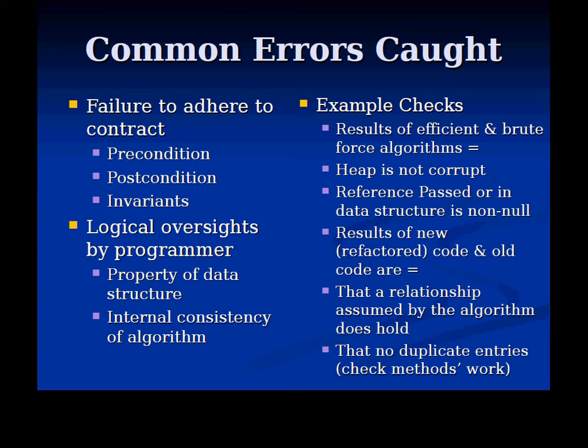If that's not the case, then you need to signal that, because basically the programmer involved has done something that violates the assumptions associated with the modules that they're using, or the constructs that they're using. Logical oversights by the programmer, another type of thing, internal inconsistency of an algorithm, etc. These are the types of things you'll catch for assertions.